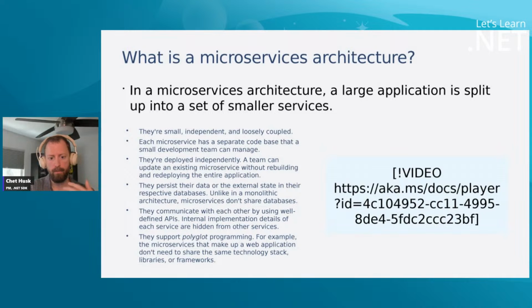Or if you had a Windows only, .NET only, we'll say some kind of SQL driver for a specific kind of database you wanted to use, you could just as easily make a microservice to allow other teams to use that resource without having to use .NET on Windows, right? They support polyglot programming in this way.